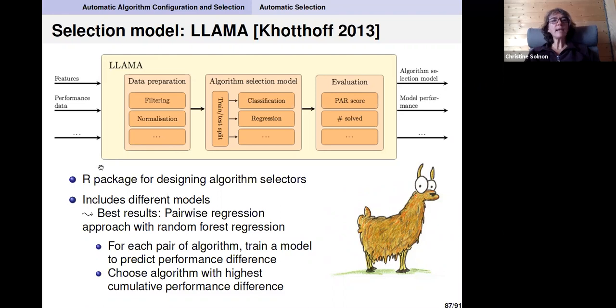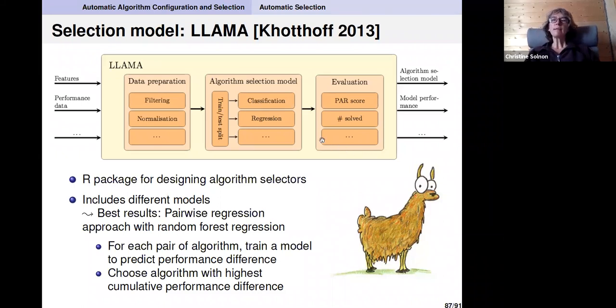As input data of Llama, you must give features of instances, and you must also give performance data, so all your performance measures. But then Llama does not only do selection, it also does a lot of experimental evaluation, which is really highlighting and very interesting.